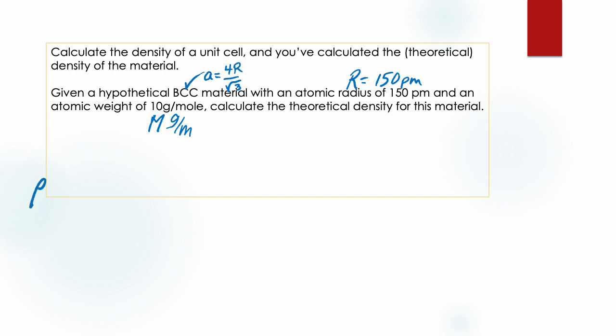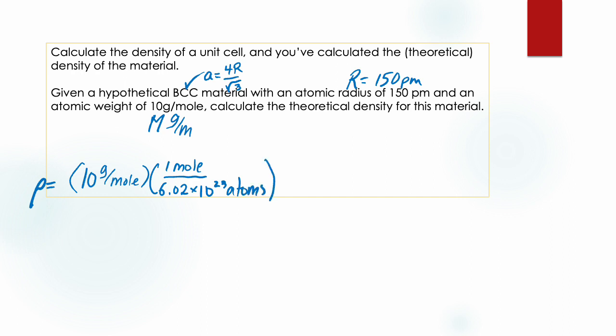Okay, so density is going to be equal to atomic mass, which was 10 grams per mole, times 1 mole is Avogadro's number of atoms. So now I have grams per atom, and this is BCC, and there's 2 atoms in one cell.